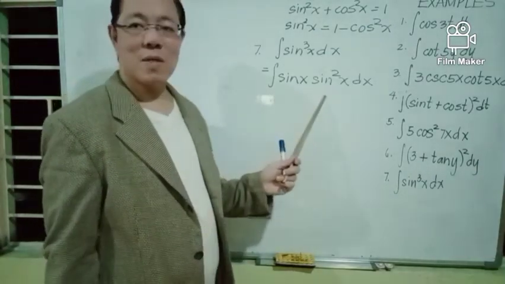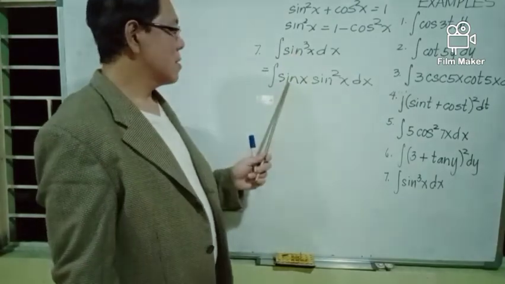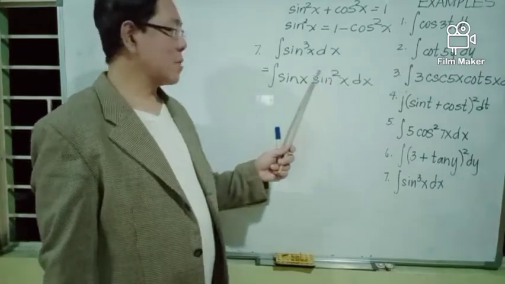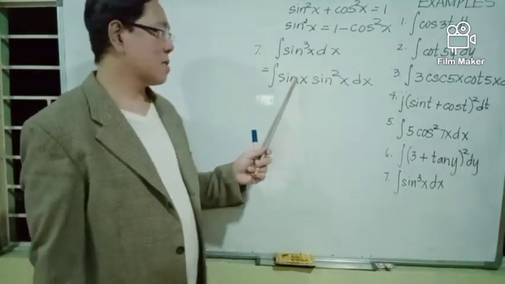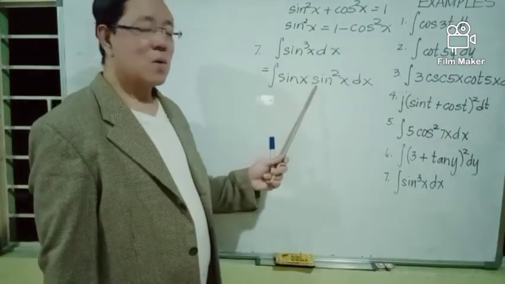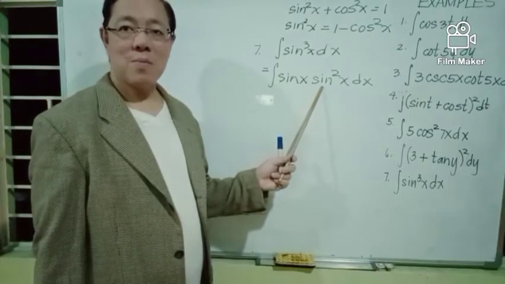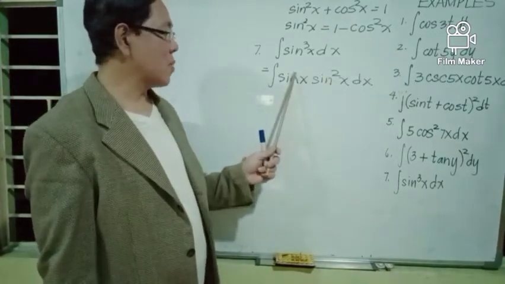Sine x times the square of sine is the same as sine cube x. The base is sine x. The exponent here is 2, the exponent here is 1, and the property of exponents says that if you are multiplying exponential notations with the same base, copy the common base and add the exponents. 2 plus 1 here is 3.